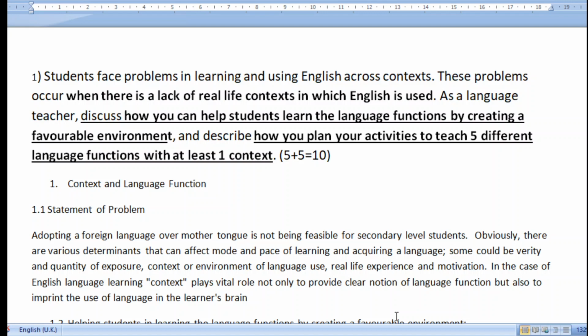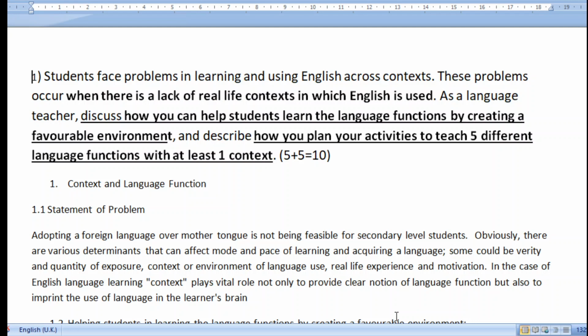Here across context means different contexts. Students learn certain language functions in a given context, but they face problems when they have to use those skills or language functions in a different context. These problems occur when there is a lack of real life context in which English is used.